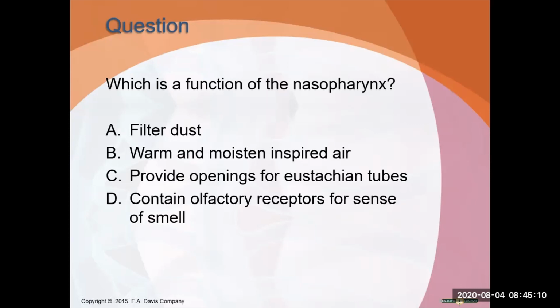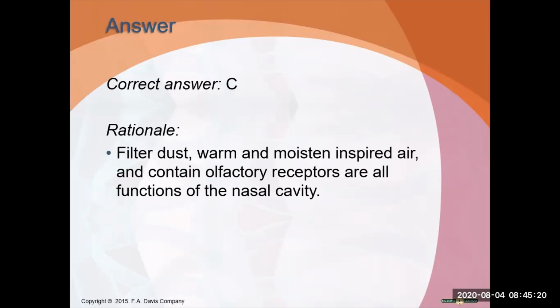Number 2, which structure is responsible for directing food and liquids into the esophagus during swallowing? Is it the glottis, the epiglottis, the Adam's apple, or the conchae? The answer is B, the epiglottis, because A, the glottis is the space between the vocal cords.